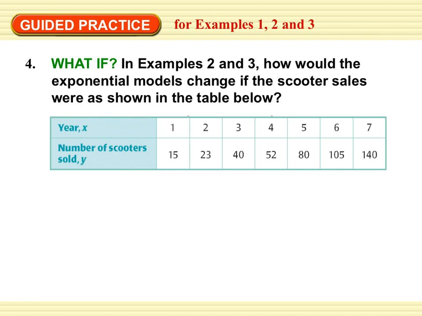What if, in examples 2 and 3, how would the exponential models change if the scooter sales were shown in the table below? I'm going to go ahead and do an exponential regression. I just did the exponential regression, which you might want to practice.